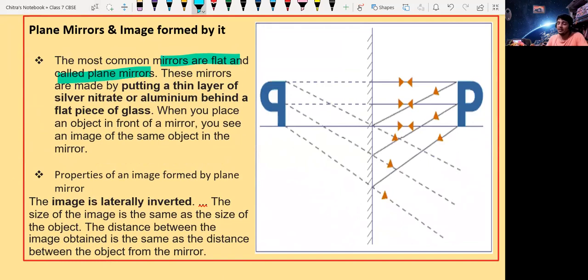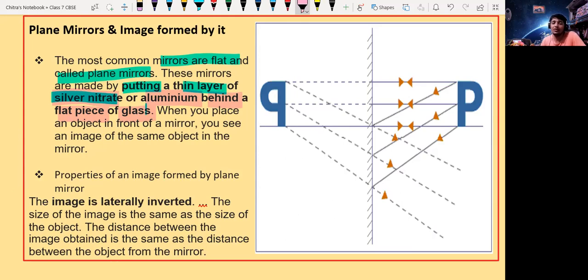What are plane mirrors? Mirrors which have flat surfaces are called plane mirrors. These mirrors are made by putting a thin layer of silver nitrate, you have to remember that, a thin layer of silver nitrate and aluminum, which is painted behind a flat piece of glass, and then the opposite piece of glass reflects more light.